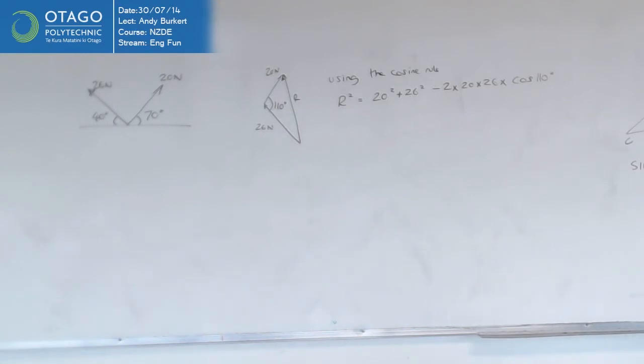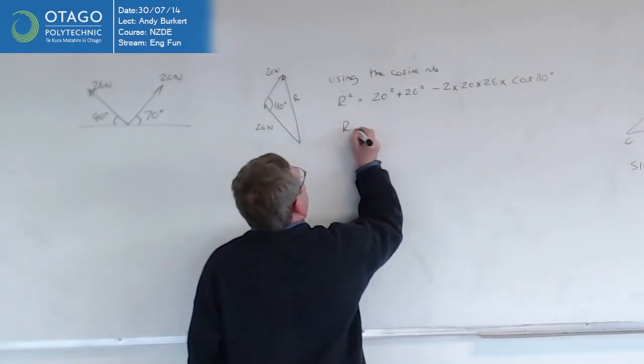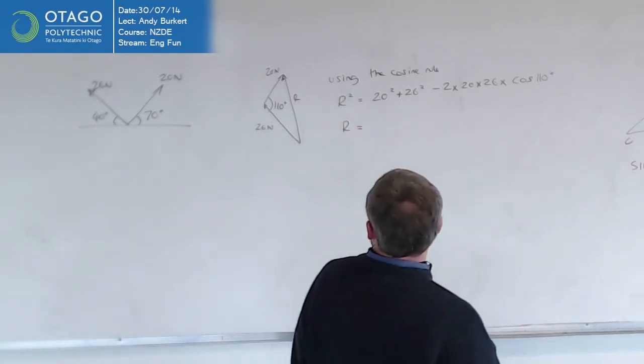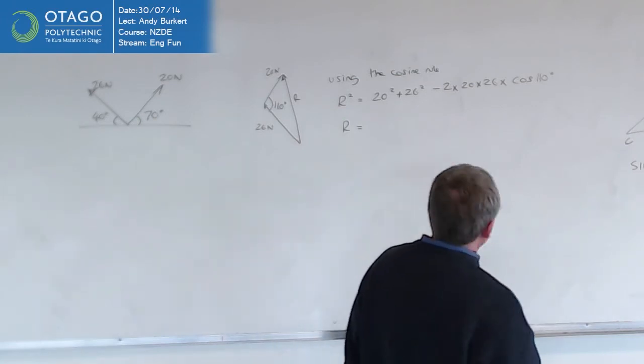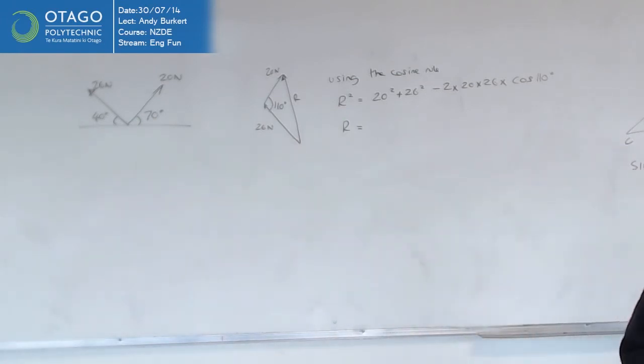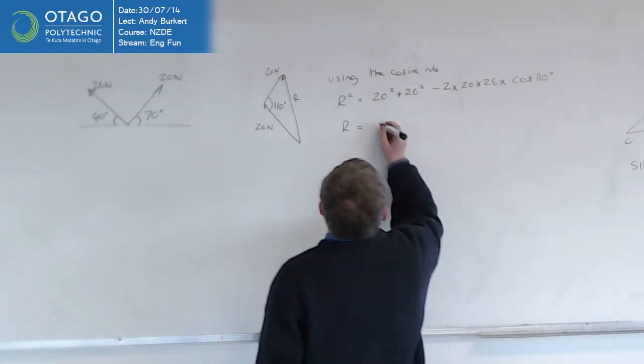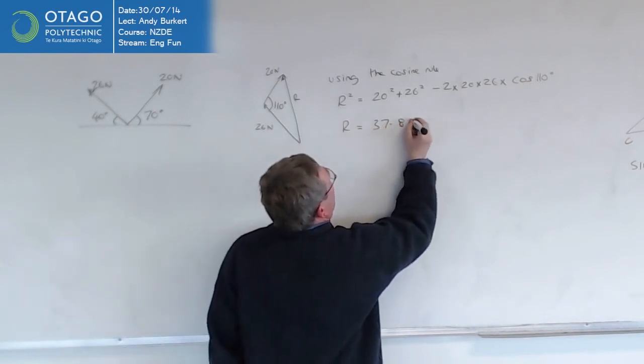So if you do that on the calculator, then square root it, what answer do we get? So R equals... Sounds good to me. 37.84 here, something like that. 37.84 newtons.